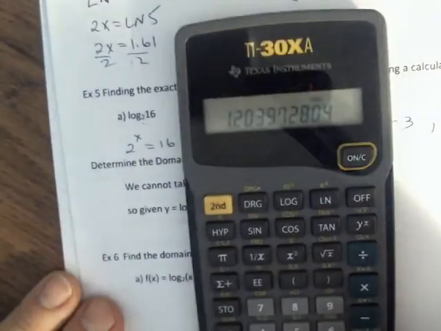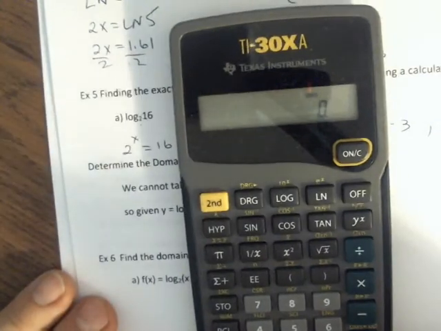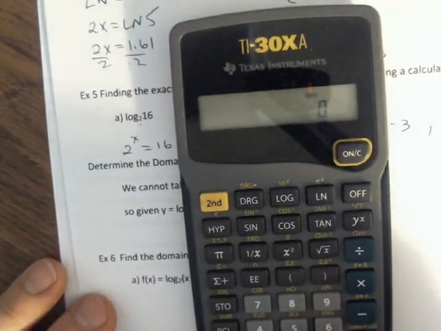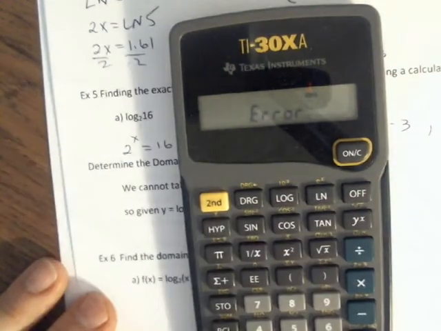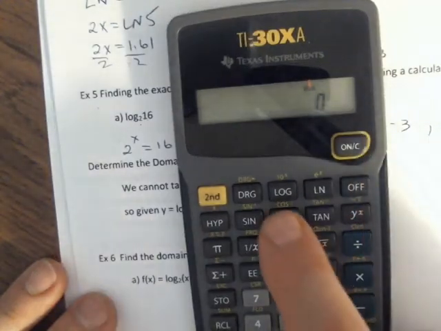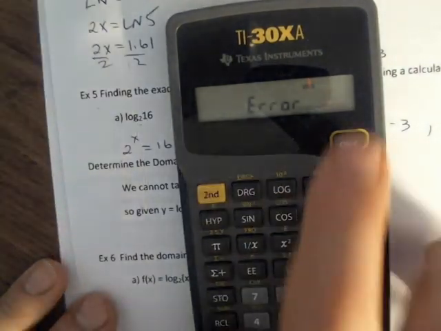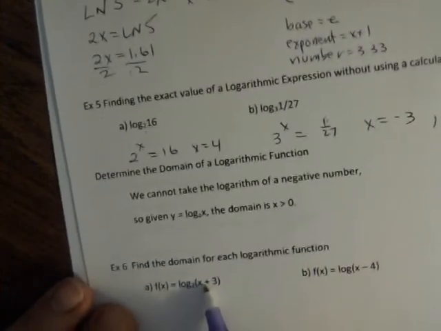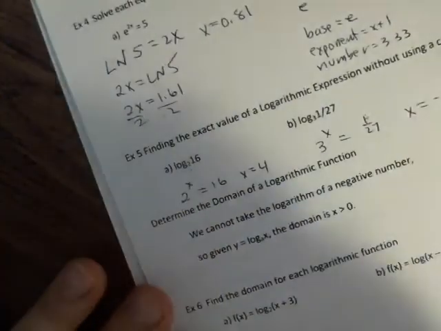So in other words, if I want to take the log of negative 50, I get an error. Okay? If I want to take the log of 0, I get an error. So we know for our domain, whatever's inside these parentheses must be greater than 0.